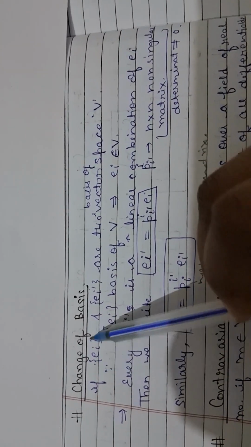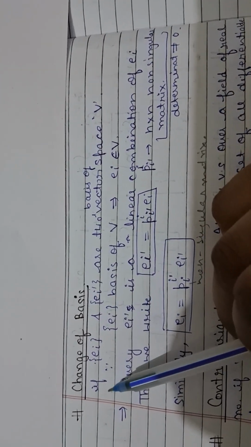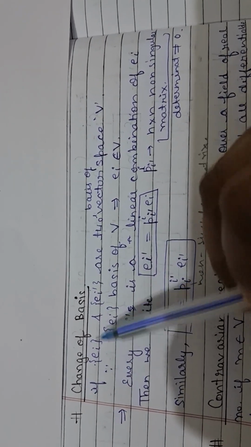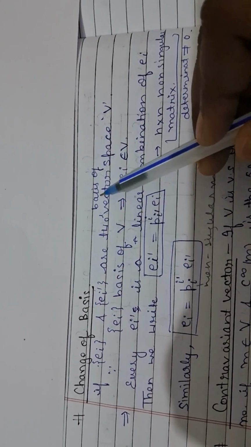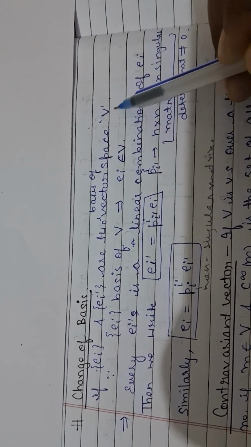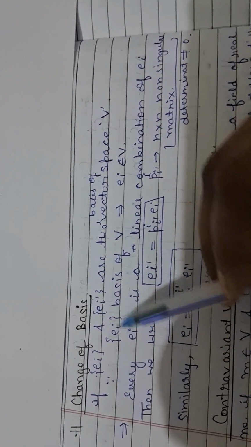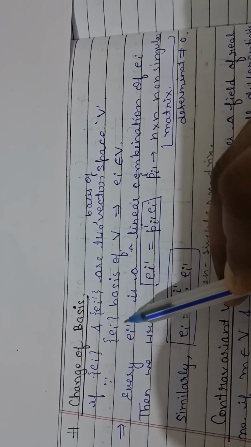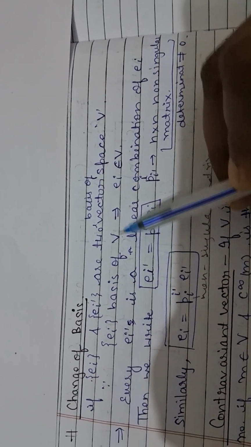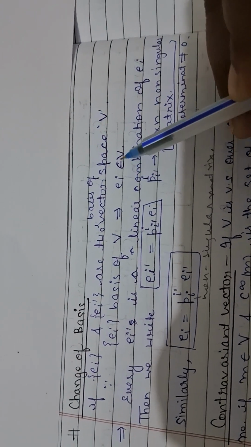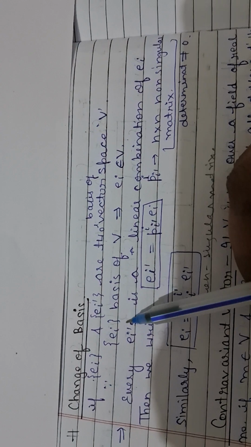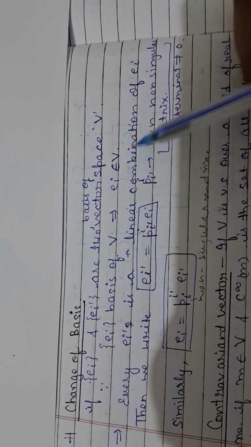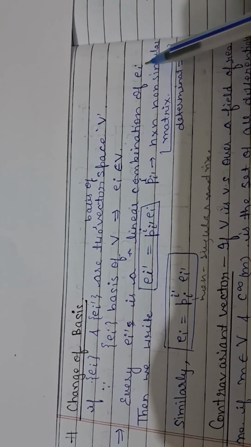Now, change of basis. If basis Ei and basis Ei dash are two bases of vector space V, therefore Ei is a basis of V, this implies Ei belongs to V. Every Ei dash is a linear combination of Ei.